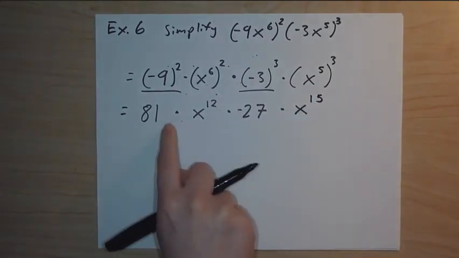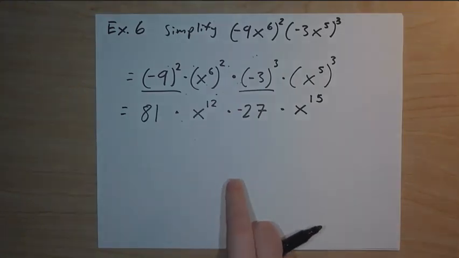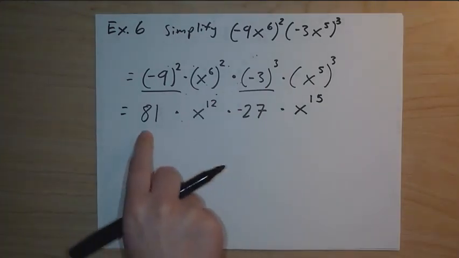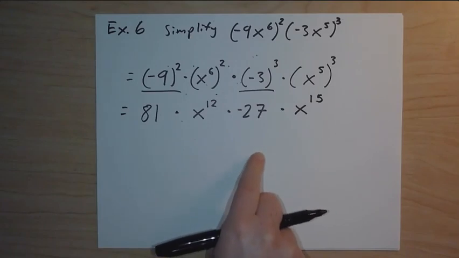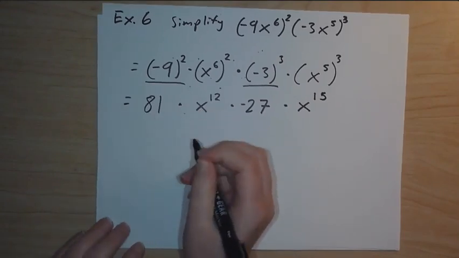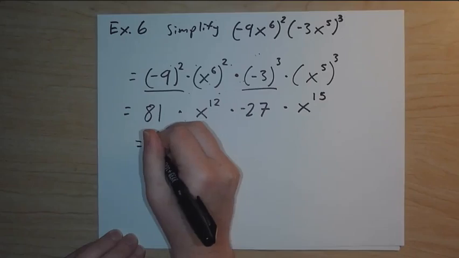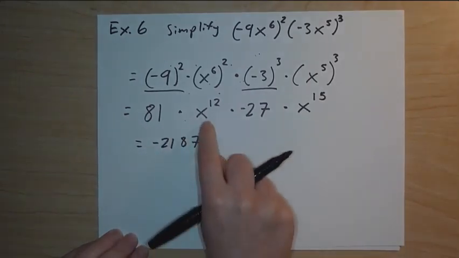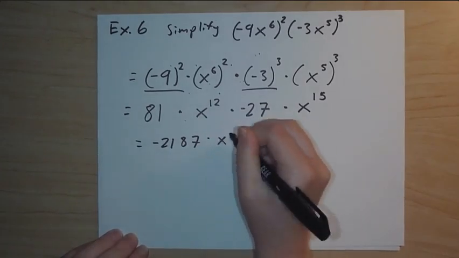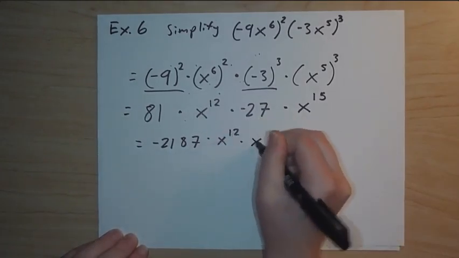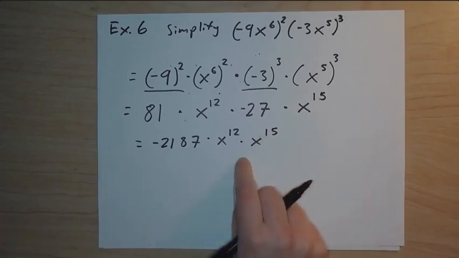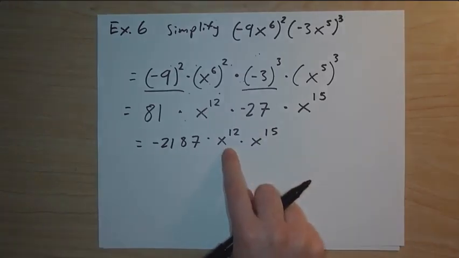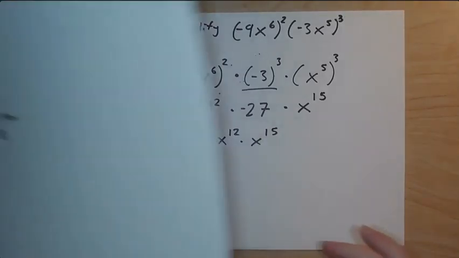So now we're just going to combine our like terms. So 81 times negative 27, if you plug that into a calculator, you get negative 2187. And then we have x to the 12 times x to the 15. And so we have to use one last exponent rule to simplify this expression right here.